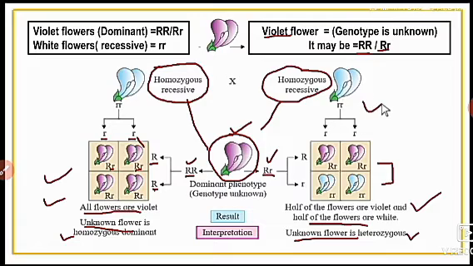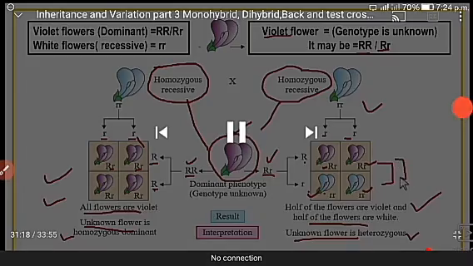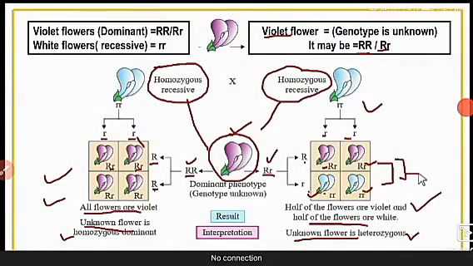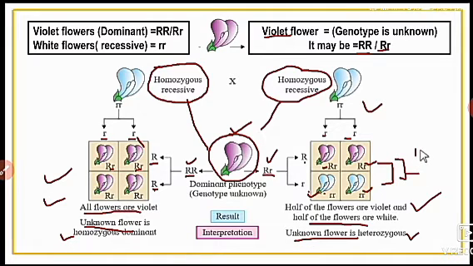The genotype of the dominant phenotype purple flower is capital R small r. This is the benefit of the test cross.